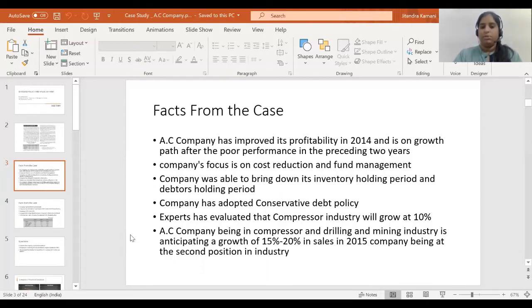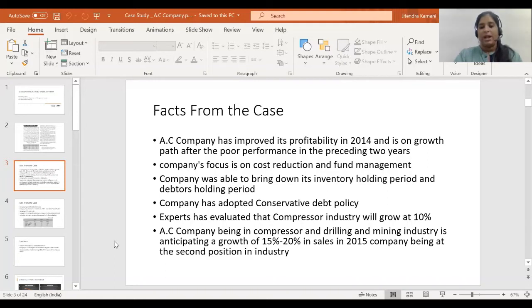AC company is in the compressor industry. Experts are forecasting that the compressor industry is expected to grow by 10%, and AC company, being second top in the industry, is expecting a growth of 15 to 20% in its sales and demand in the year 2015. So the company is on its growth phase.